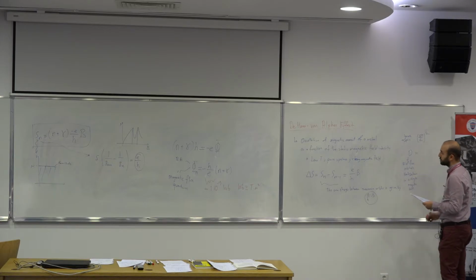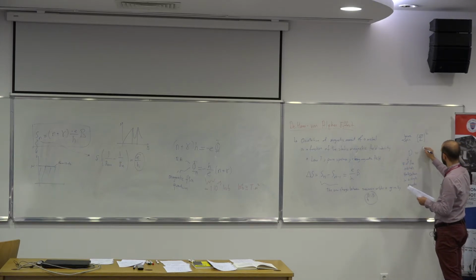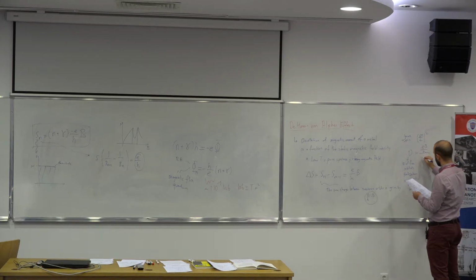So I'll divide this expression, EB over H, by the area of each state, which is 2 pi over L squared.